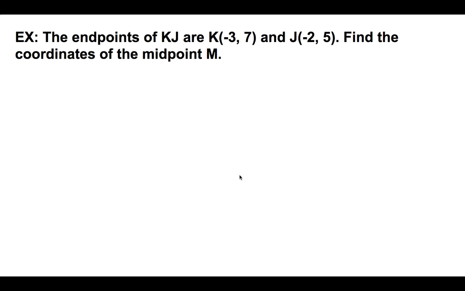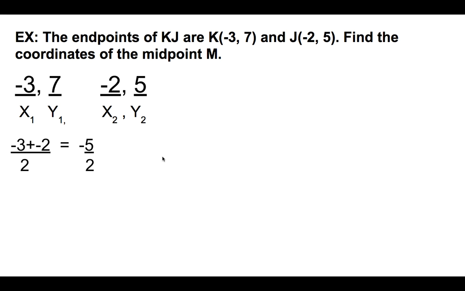Go ahead and try this problem here. You're given the endpoints of K and J, and you want to solve for the midpoint M. After labeling your points, x sub 1, y sub 1 is -3, 7, and -2, 5 is x sub 2, y sub 2. First plugging in my x values, I get -3 plus -2, and that sum divided by 2 is -5 over 2.